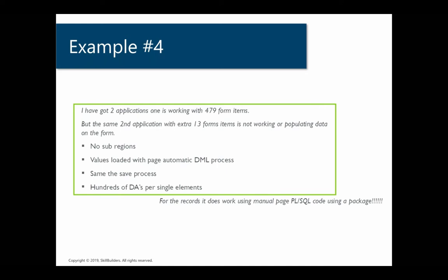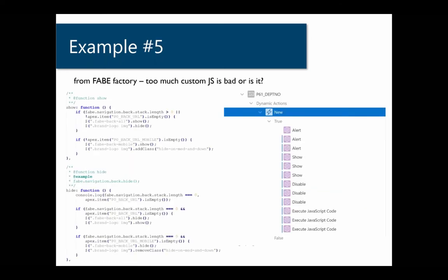Instead of doing the automatic DML process, we used PL/SQL code that was fetching the data, and pretty much the things worked. Of course, we separated things into regions and several pages, but keep in mind that this can also be a problem for you. And then Tyson, coming back to you, trying to address that question that you had in the chat box.